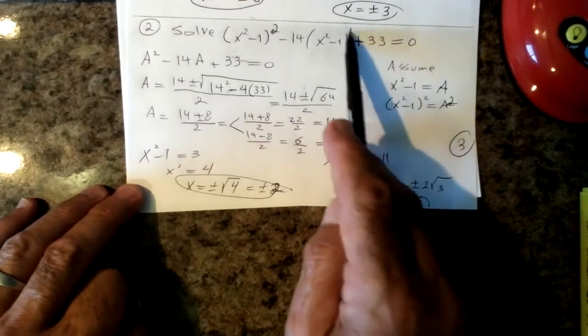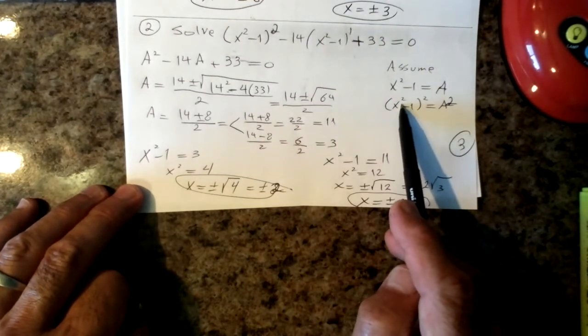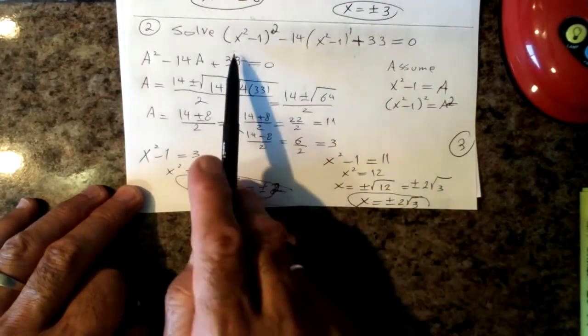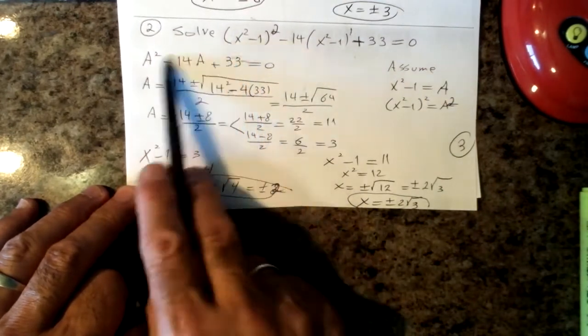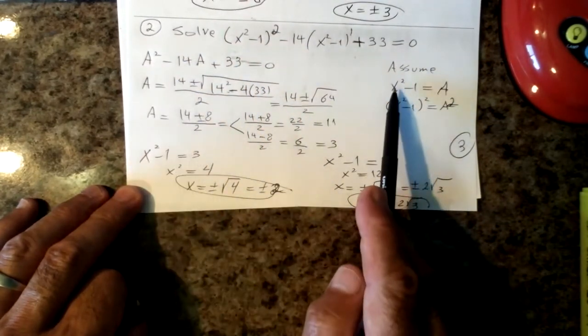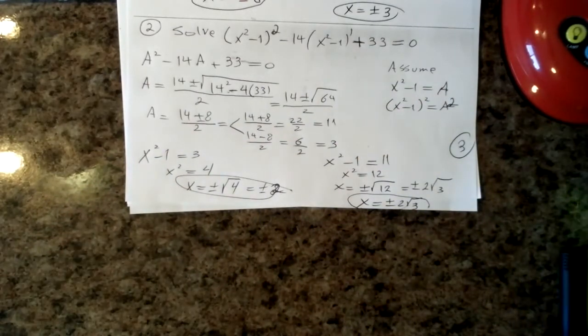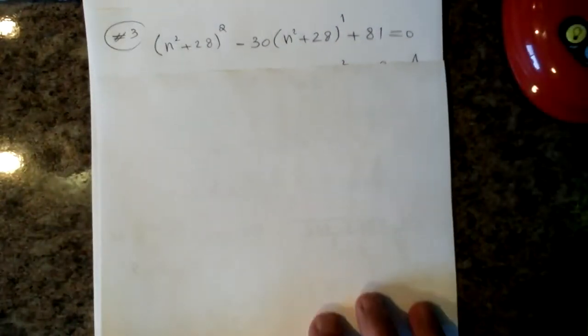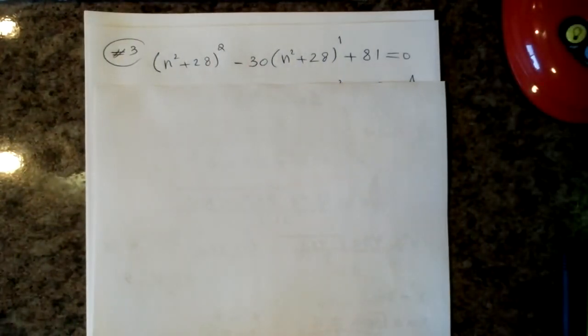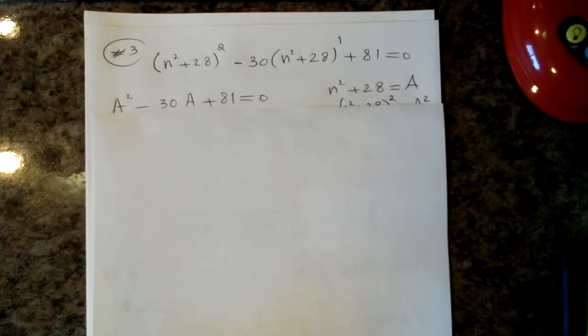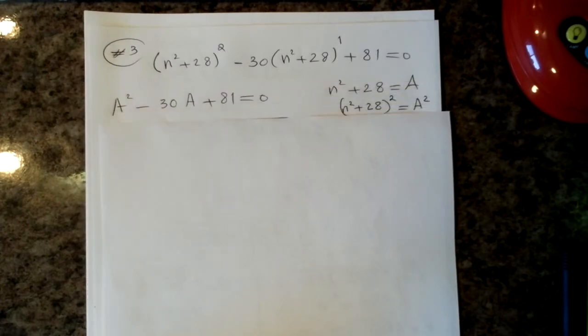So first you make the assumption. When you make an assumption, now you are looking at the quadratic, and you solve it, and then at the end, you go back to your assumption and resolve it. And then we have that for these problems. Again, what's the assumption? n² plus 28 is a, and its square is a².